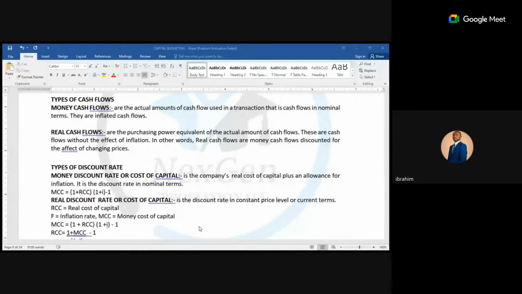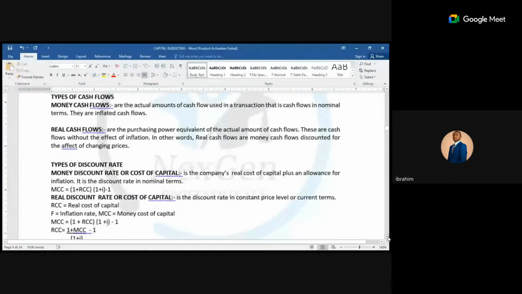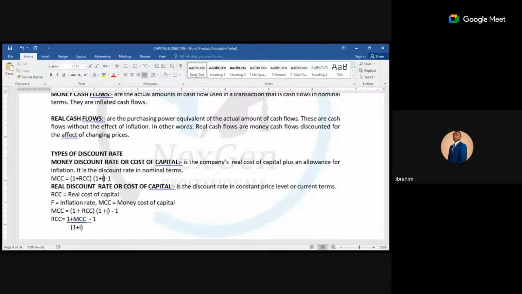Maybe it is stated in the question that all cash flow are in real term, meaning that it is real cash flow. Then real cash flow goes with real cost of capital. If you want to calculate the real cost of capital and it is not given, sometimes you have to do your conversion.